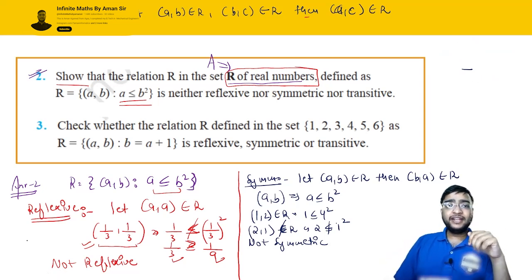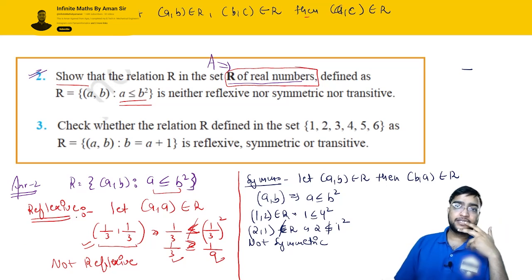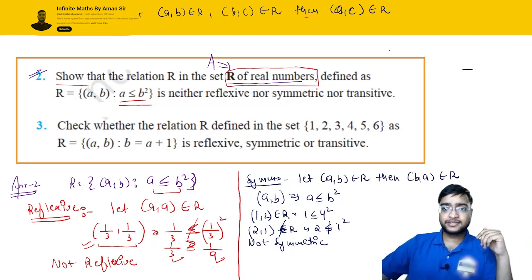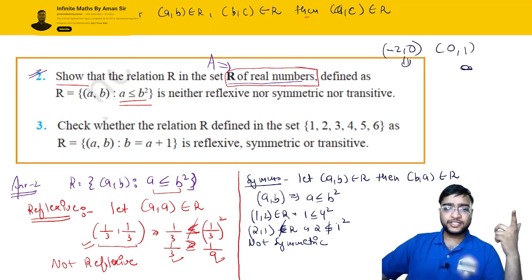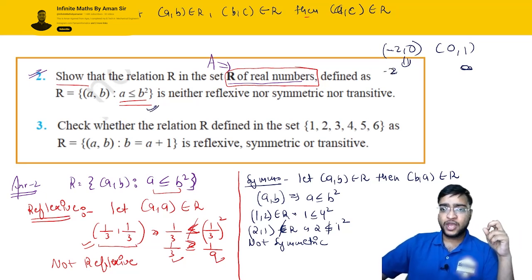Let's take some example, say (-2, 0), because I am taking negative integers here. And let's say (0, 1).